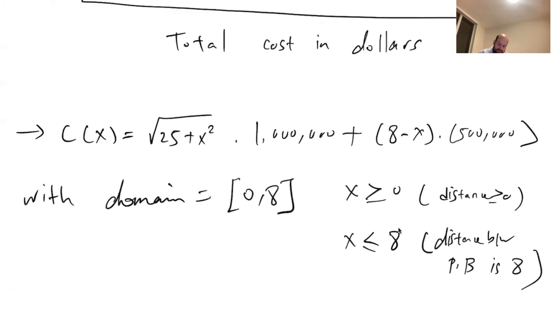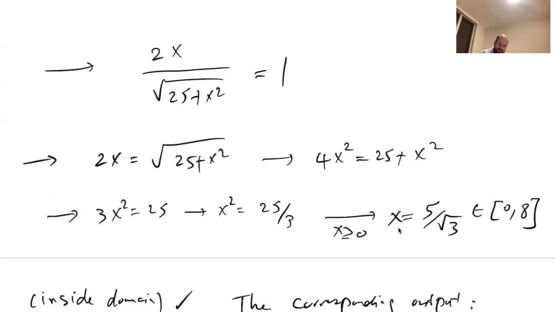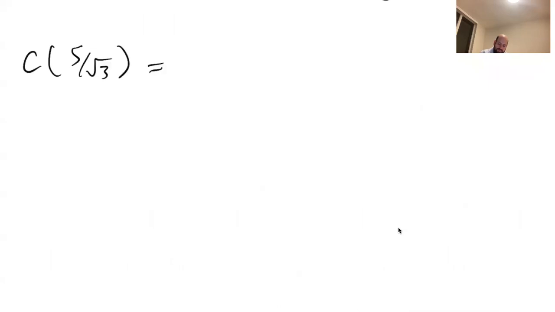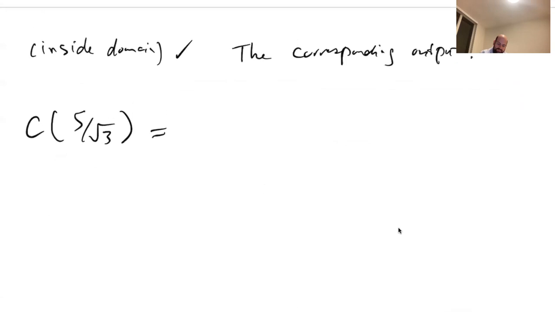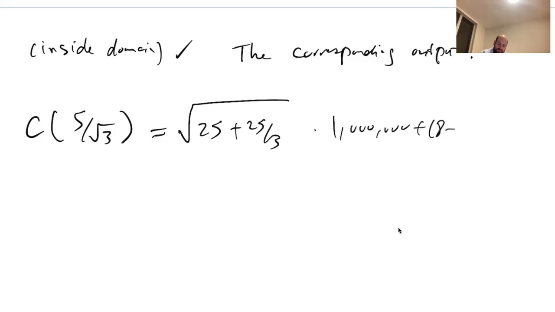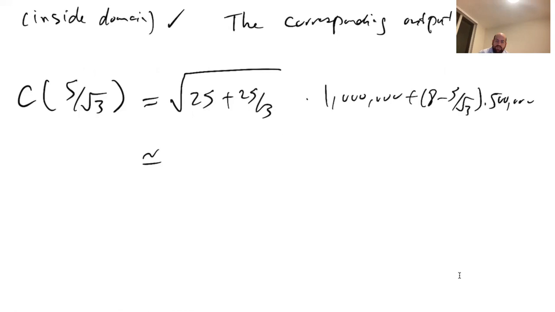Root 25 plus x squared times 1 million, plus 8 minus x times 500,000. So root 25 plus 25 over 3 times 1 million plus 8 minus 5 over root 3 times 500,000. So this will be almost 8,330,127.